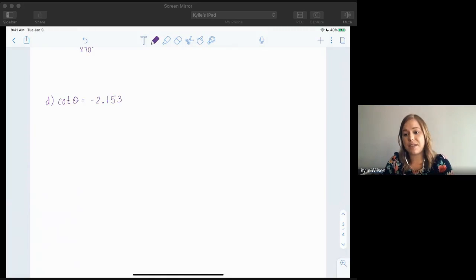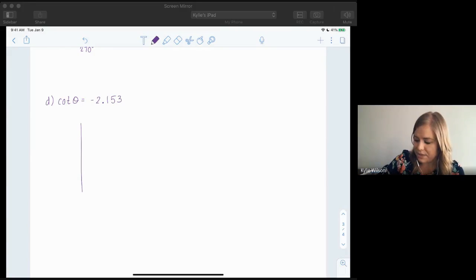So I actually think this is really beneficial for everybody because I had quite a few people asking me how to do this because it just doesn't really seem to fit, and you don't have a cotangent button on your calculator. So when we're given cotangent for these, we don't have a cotangent button to figure out what our related acute angle is. So we're going to have to use tan. So I'll show you how to do that.